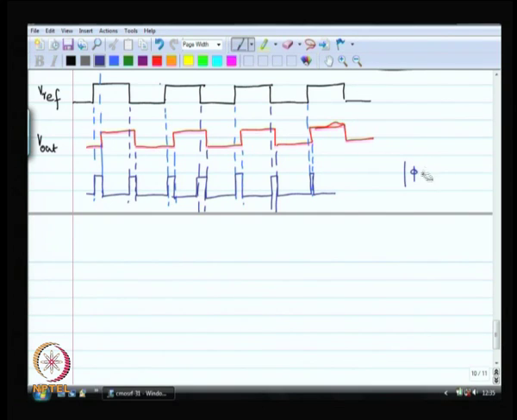So, as a result you get something where the duration of the pulses is proportional to modulo Vref minus Vout. If Vref and Vout are out of phase by 180 degrees, then the output is always 1.